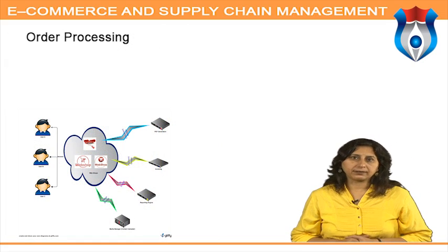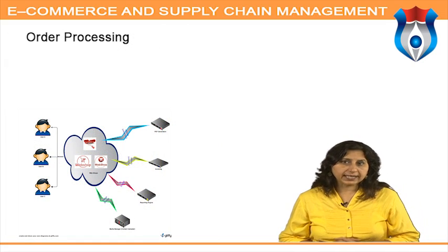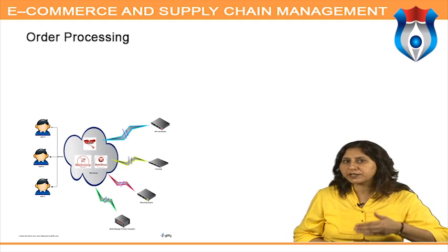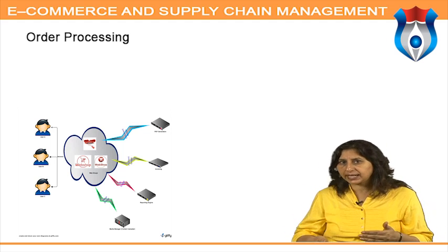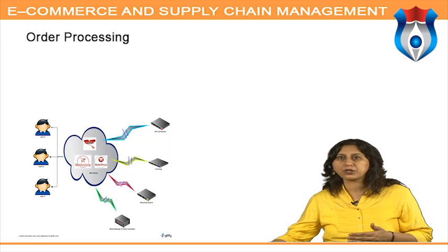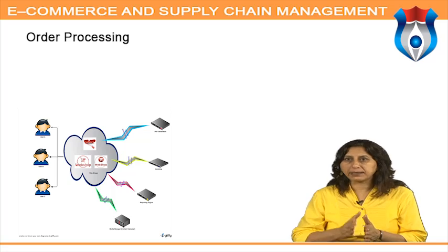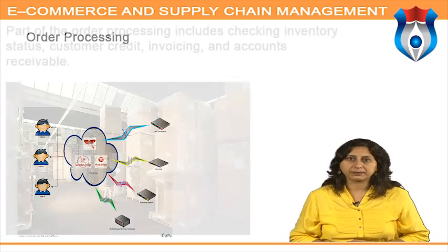Order processing. Order processing entails the systems that an organization has for getting orders from customers, checking on the status of orders, and communicating to customers about them, and actually filling the order and making it available to the customer.